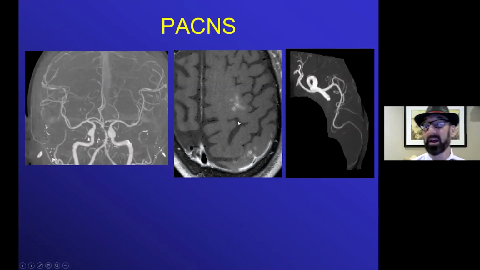And if we were doing 7 Tesla imaging, I imagine this would really be quite extraordinary. But this patient who has primary angiitis of the central nervous system had some parenchymal enhancement around these vascular narrowings and enhancement, as well as the meningeal enhancement, which I mentioned can be used to target for biopsy.